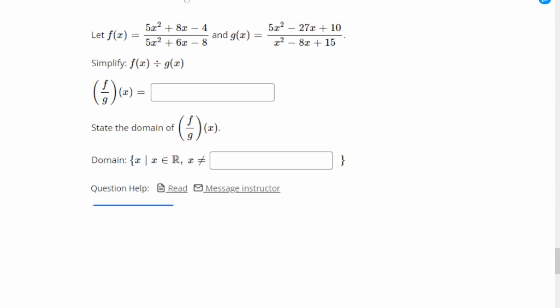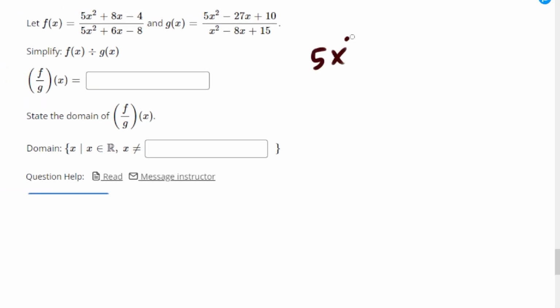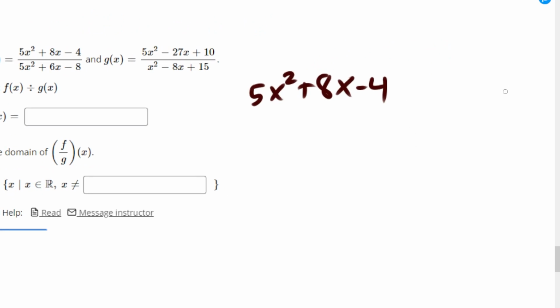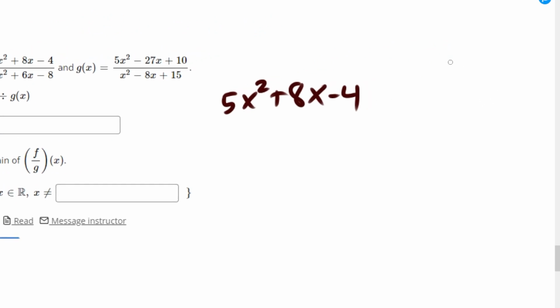Let's start with this. We have 5x squared plus 8x minus 4. We're going to do the AC method. 5 times negative 4 is negative 20. We want it to add up to 8. I'm thinking that 10 and 2 are going to be our lucky ticket, and we want it to be positive 8, so we're going to make that 2 negative.